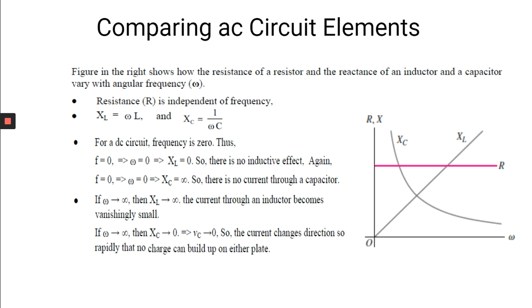We'll discuss this, but before that, let us know how the resistor, inductor and capacitor behave in an AC circuit. In the second lecture of this chapter, we discussed the resistor, inductor and capacitor in an AC circuit.